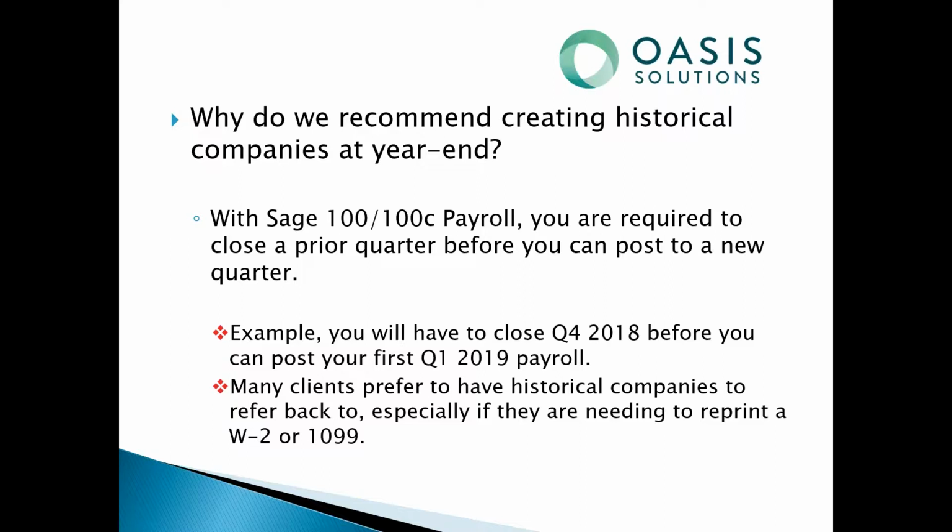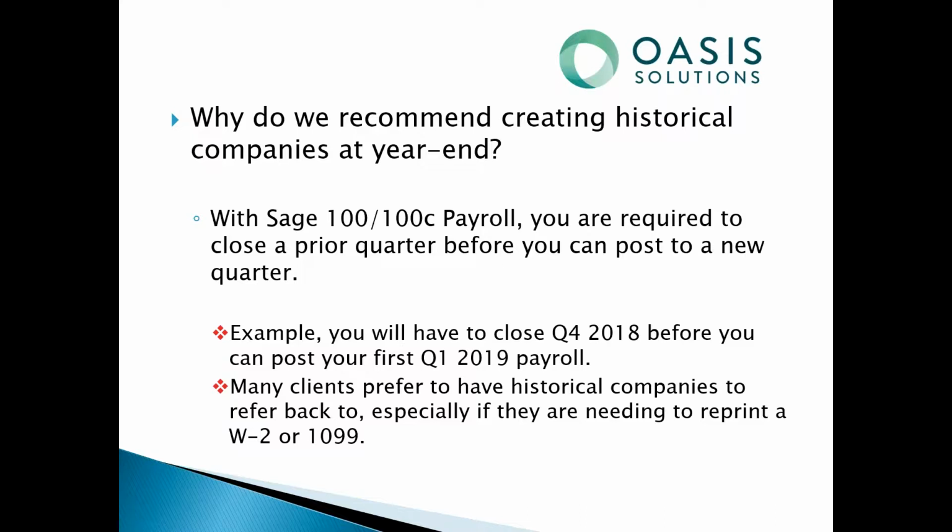But when you close that quarter, you're basically purging out that W-2 information, and it resets it to 0 for 2019.